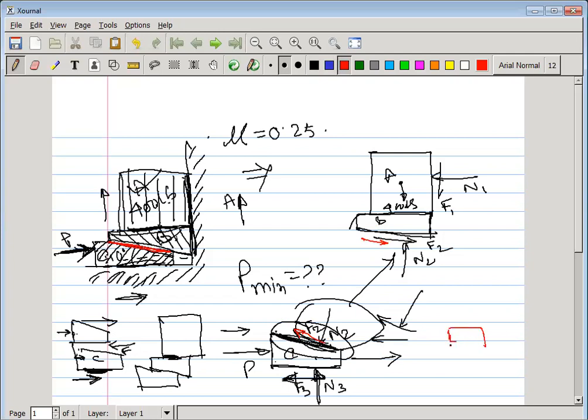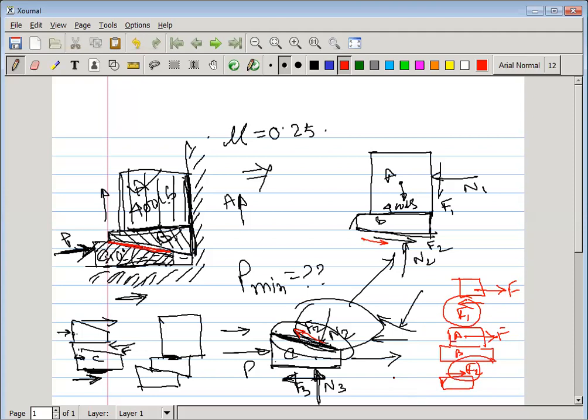Suppose this is one block and this is another. If this block moves in this direction, this is your force F and this is your friction force F1. For block B the friction force is in the opposite direction, because both have to neutralize to maintain the equilibrium of the system.